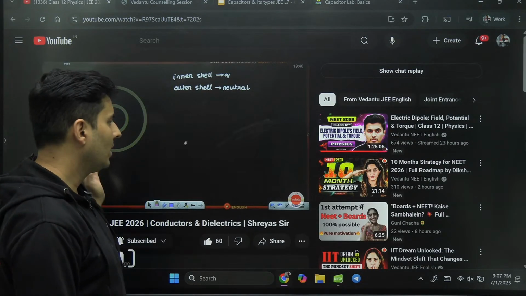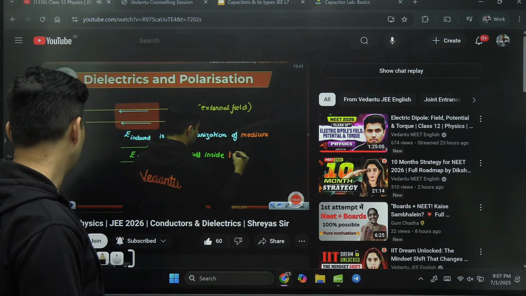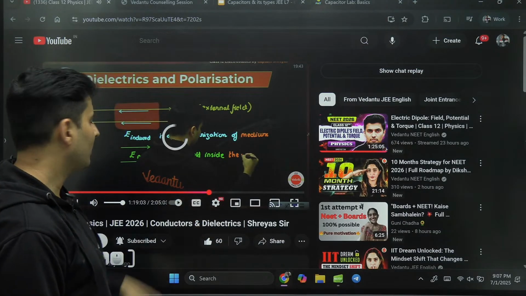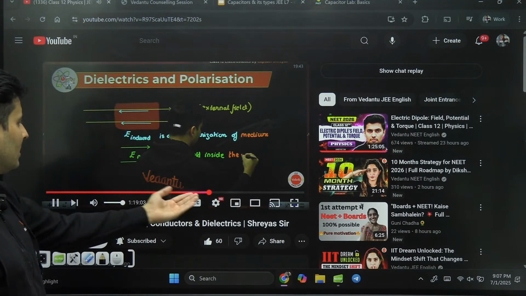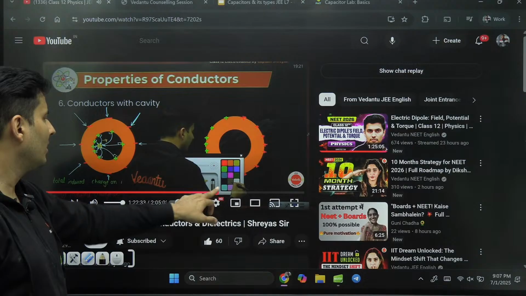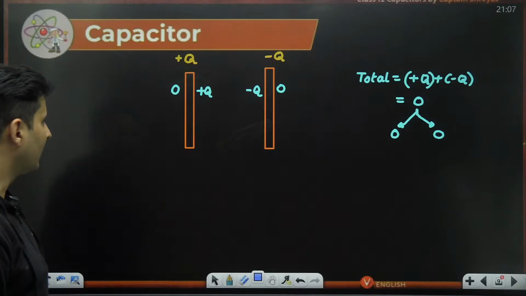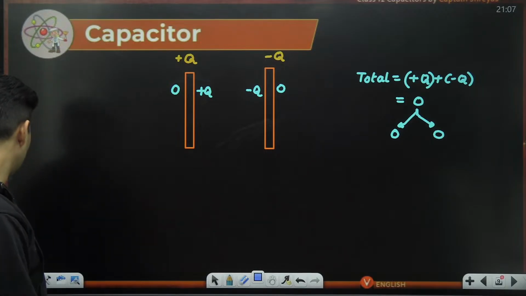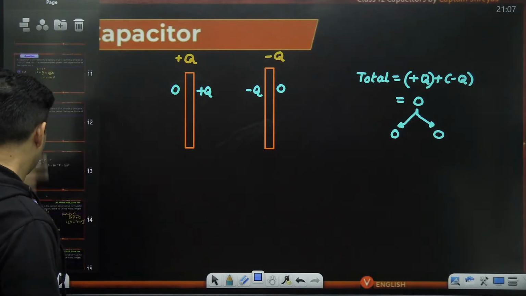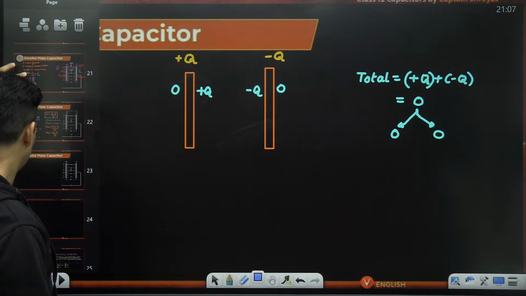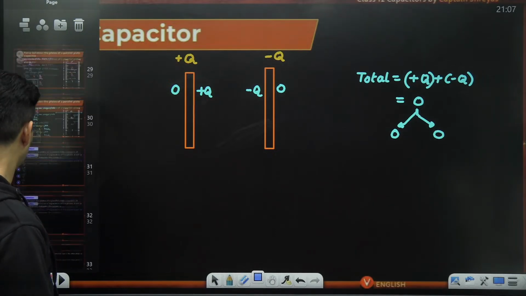So just check it out. 100% you will be clear about it. We have done it somewhere here in between in this class, right? Great. So this is how the charge distribution works. Perfect. Let's go now to the questions.